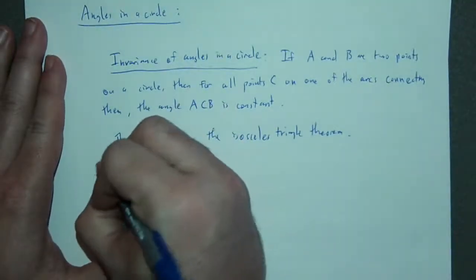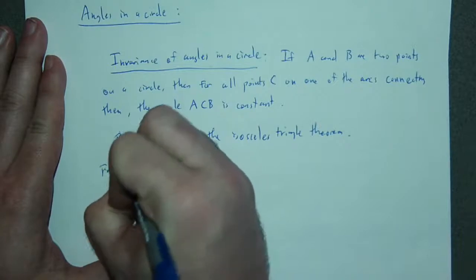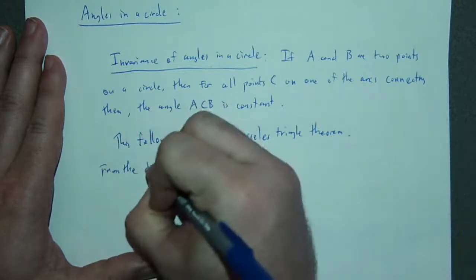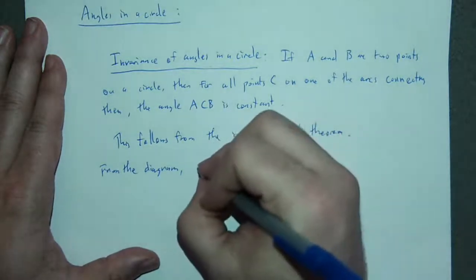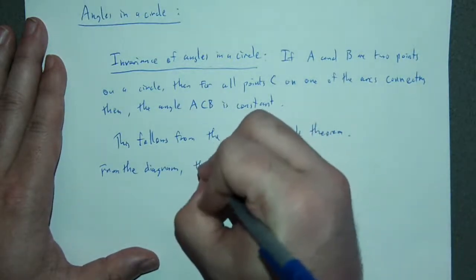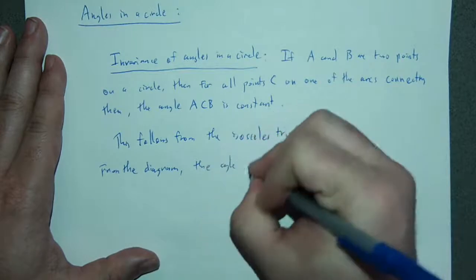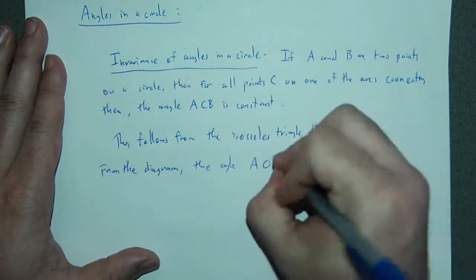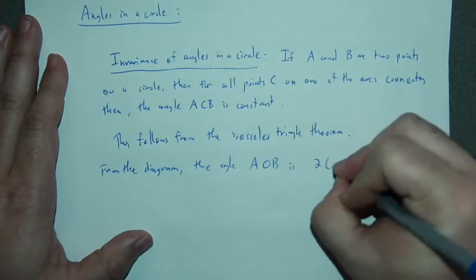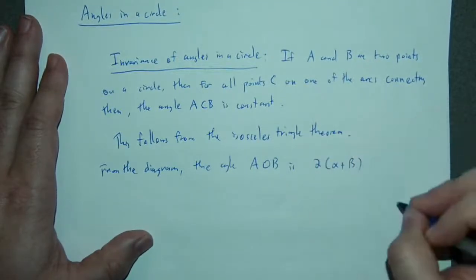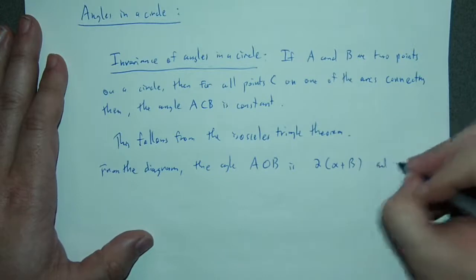So what's the most important thing here? So from that diagram, the angle AOB is 2 times alpha plus beta and is constant.